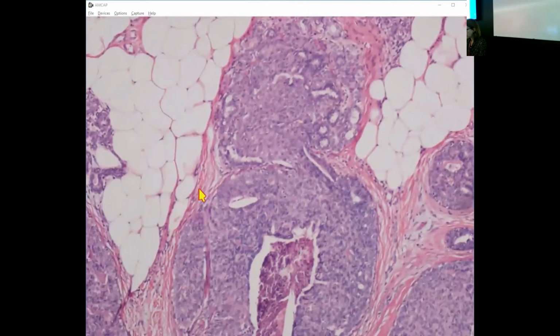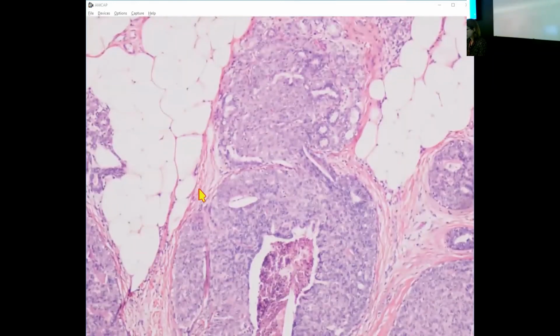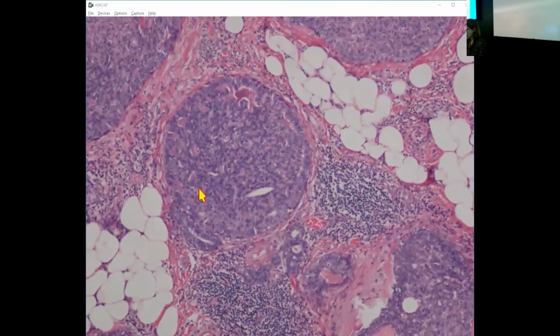There's no polarization of the epithelial cells around these spaces, I don't think. But I could see how people might be concerned because of the necrosis. And so myoepithelial markers, CK5/6 and ER were done in this case.